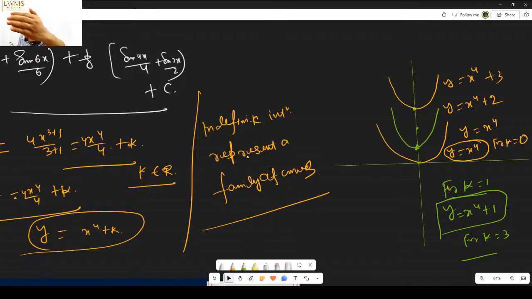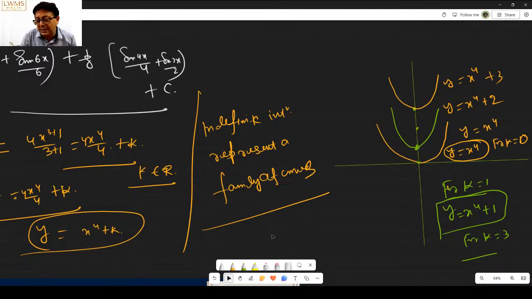So after indefinite integration, what do you get? You get a family of curves. Never forget this. In your board exam also a question can arise in this manner, a 1 mark question. Geometrical interpretation of indefinite integration. It represents a group of curves, a family of curves. Alright?